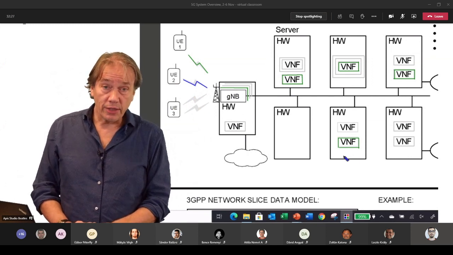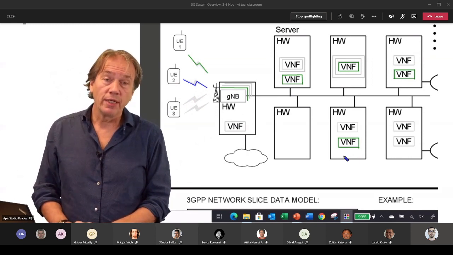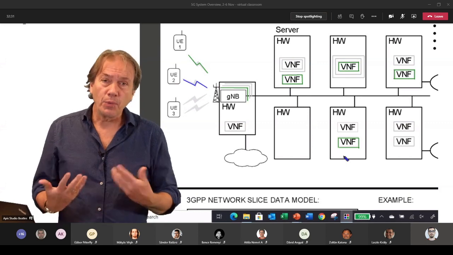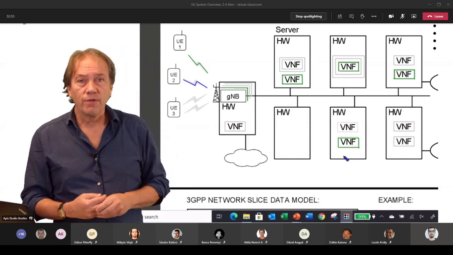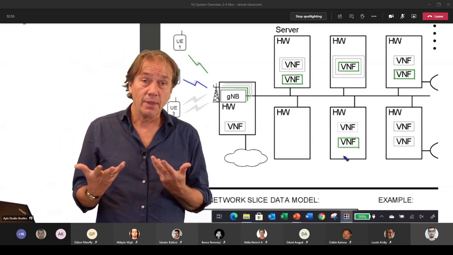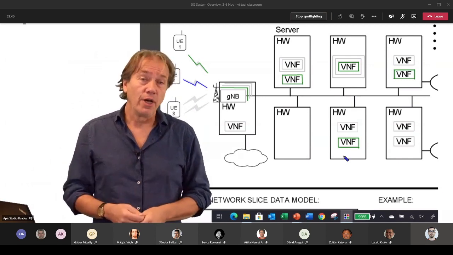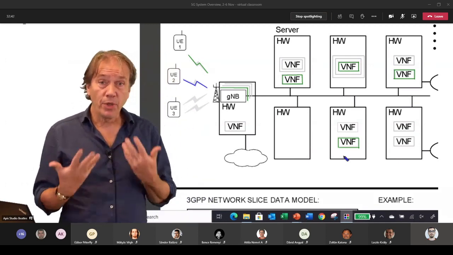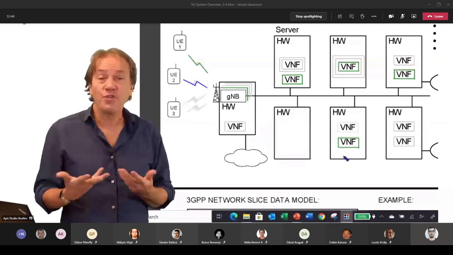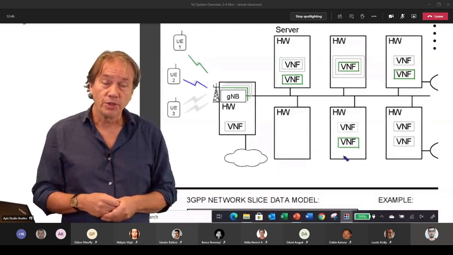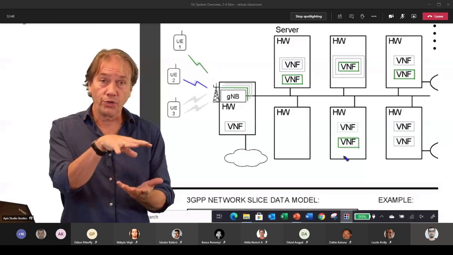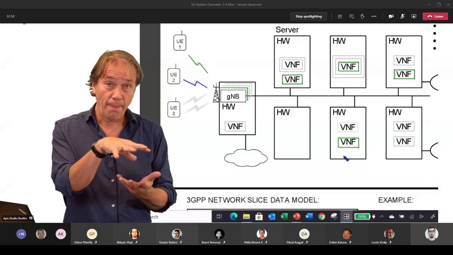It can be very static, maybe for, say, a network slice used for public safety, mission critical communication, police, fire department. Maybe there's a requirement that 15% of the network resources shall be hard locked to that network slice.